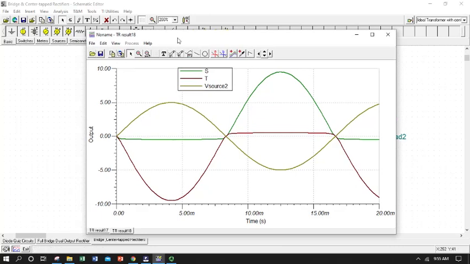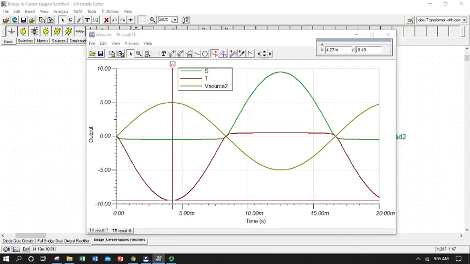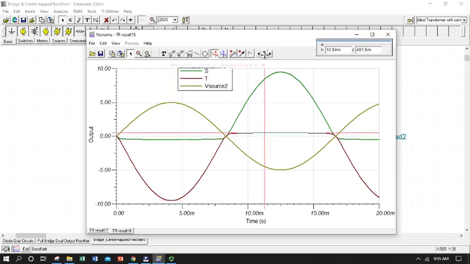So we would expect to see on our peaks on S and T something like 10 volts minus about 1.4, a bit quite a bit less. So we have 9.5 there, and oops, we are not reading the right curve.